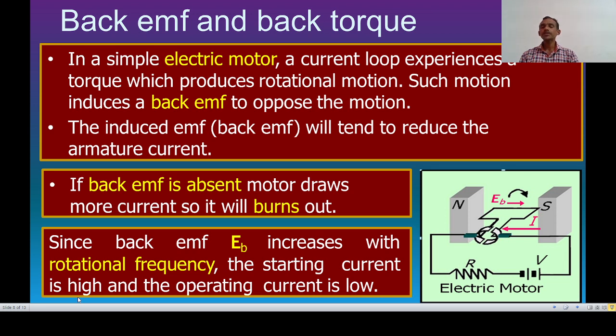As the motor starts up, the back EMF will be produced, and due to the back EMF, the current of the armature goes on decreasing. If the back EMF is absent, then the motor draws more current, and due to this more current, it will burn out.